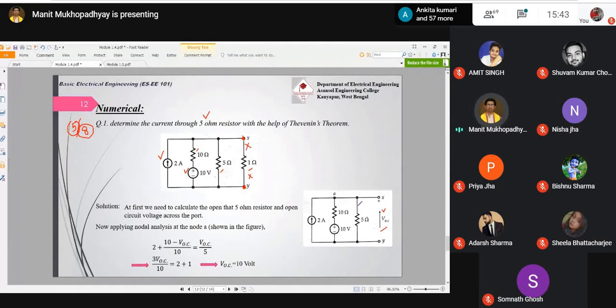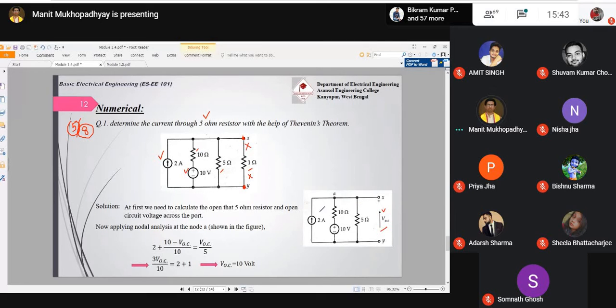So it will be easier if you do the nodal analysis. I also showed you that with respect to the mesh analysis, node analysis will take much less time.